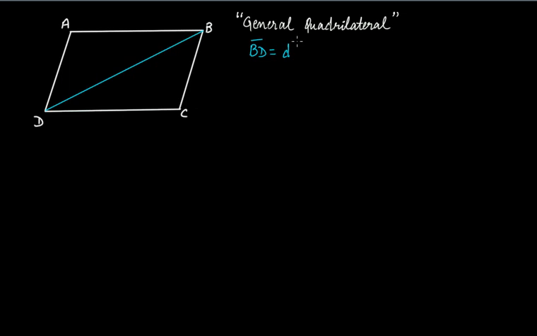Now, if you look at this quadrilateral, it has actually been divided into two triangles, triangle ABD and triangle BCD, right? This diagonal has divided this quadrilateral into two triangles, ABD and BCD. This is called triangulation.